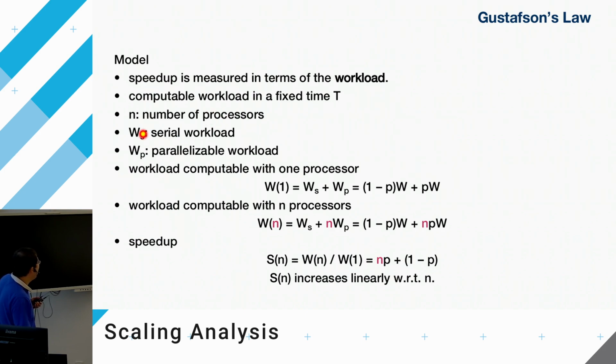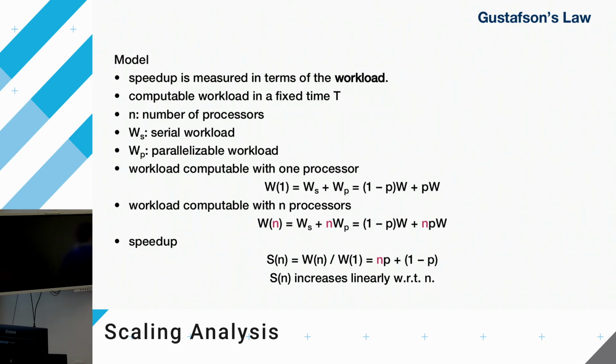And for the serial workload, we use WS. For parallelizable workload, we use WP. And then we can do some mathematical work. With one CPU core, W1, we have this kind of work. With n CPU cores, we have more work that can be done within a given amount of computation time.